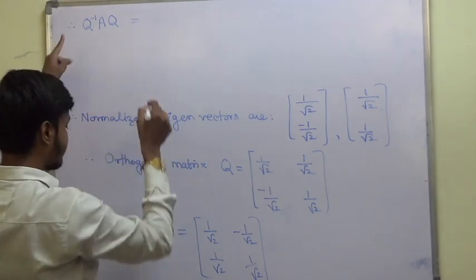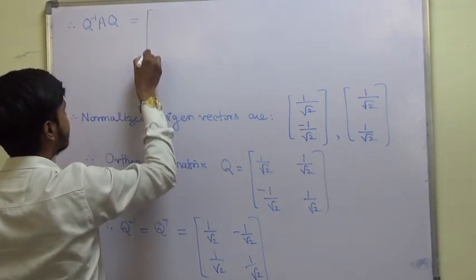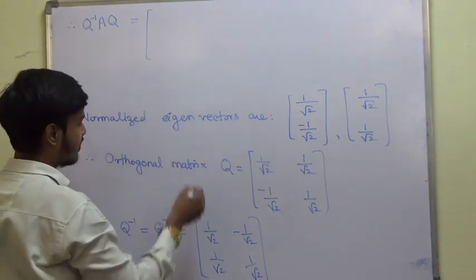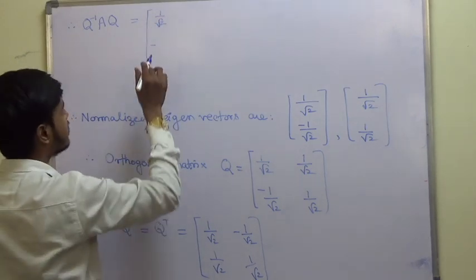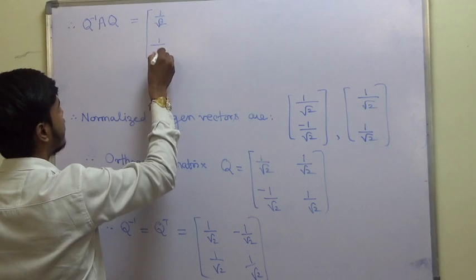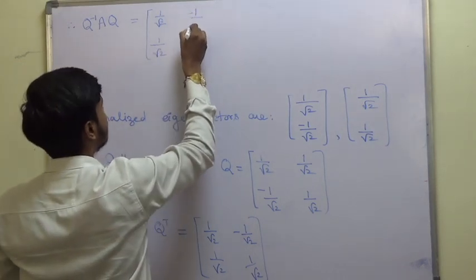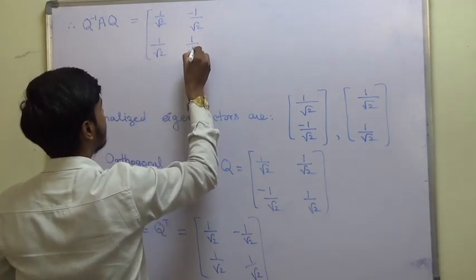This is the orthogonal transformation. So this is 1 by root 2, 1 by root 2, minus 1 by root 2 and 1 by root 2.